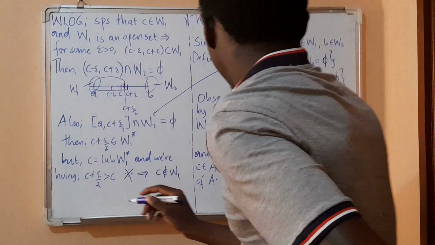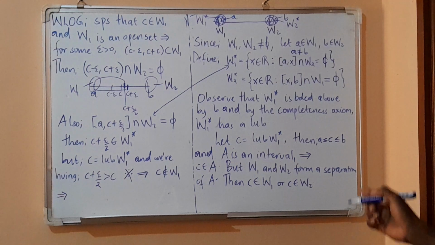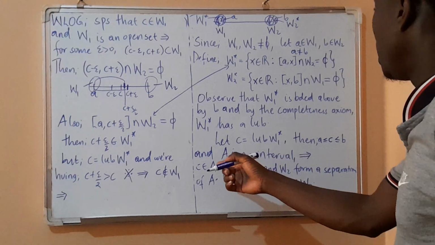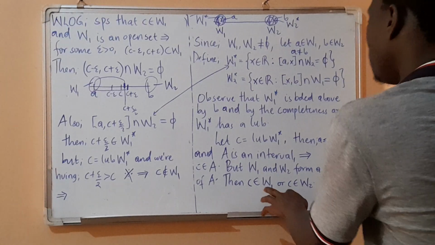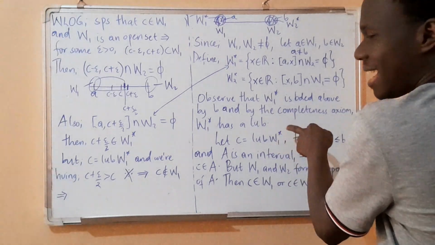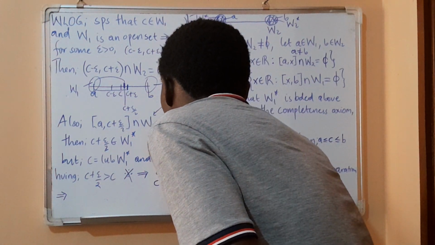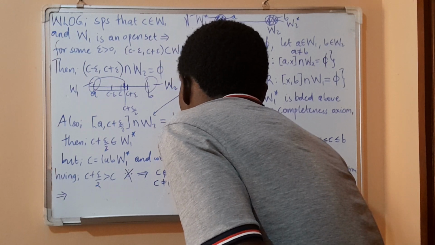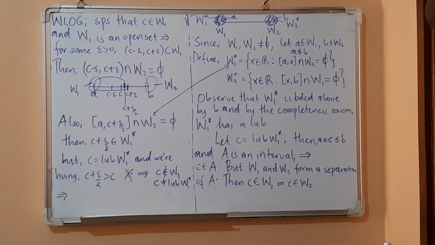So it is a contradiction to the fact that C is in W1, and also C shouldn't be the least upper bound of W1 star.